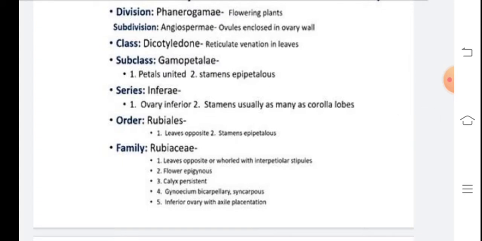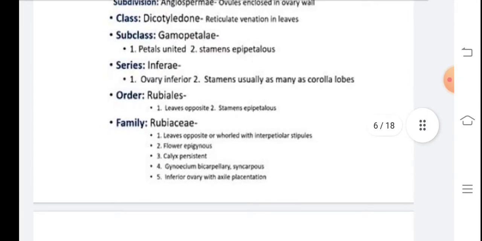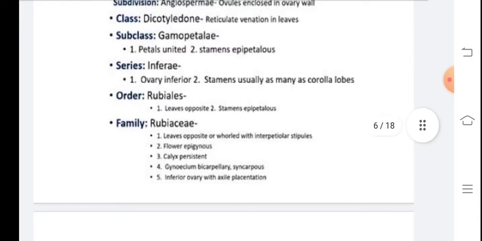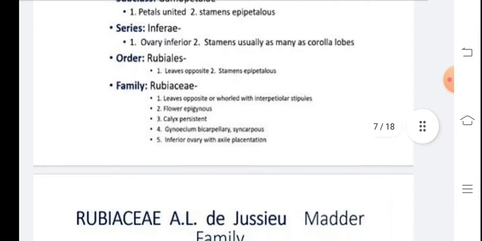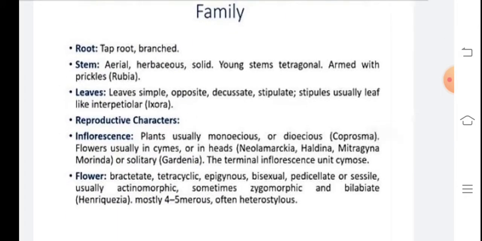Then order Rubiales. So leaves opposite, stamens epipetalous, family Rubiaceae. So give the main characters: leaves opposite, whole or decussate, interpetiolar stipule, flowers epigynous, calyx persistent, gynoecium bicarpillary, syncarpous, inferior ovary, right? So there are some of these characters one by one: root, stem, leaves, reproductive character, inflorescence.